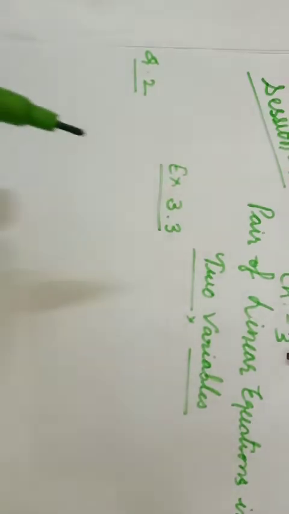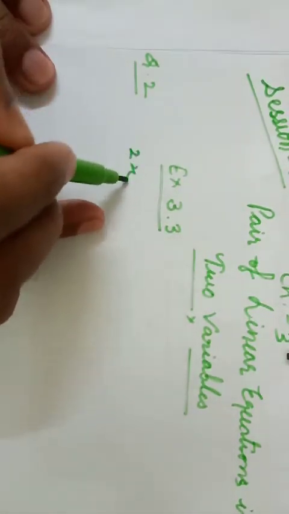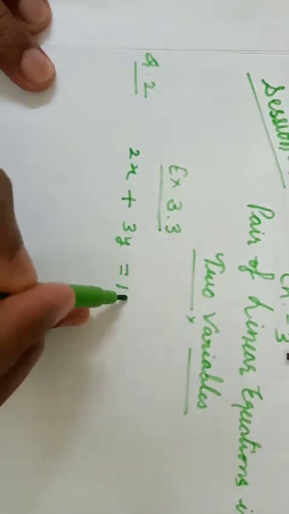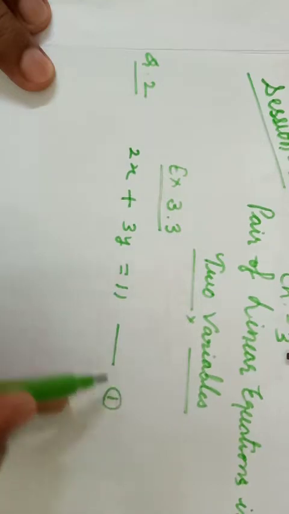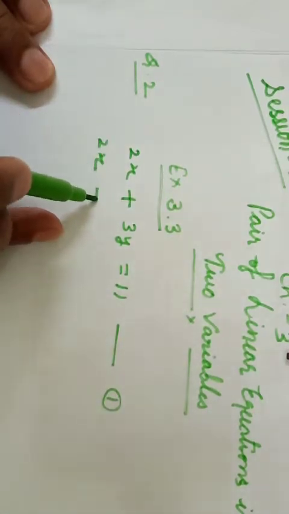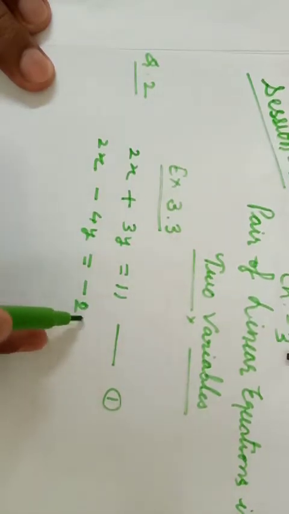Clear? So the linear equation in this question, 2x plus 3y is equal to 11. Mark it linear equation number 1. And second is 2x minus 4y is equal to minus 24.